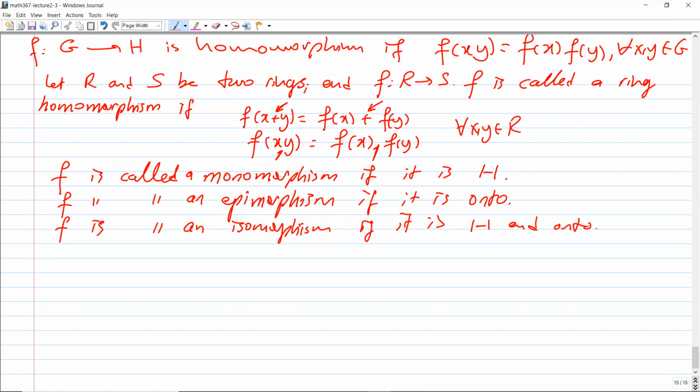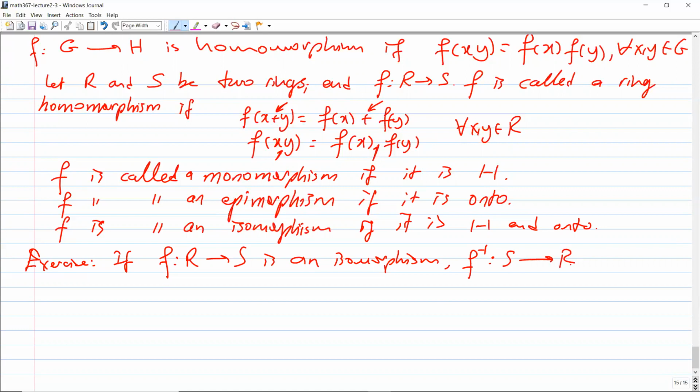So in this case, if f is an isomorphism, here's an exercise for you. If f from R to S is an isomorphism, so that it is one-to-one and onto, then f inverse is a function from S to R. Since it is one-to-one and onto, it has an inverse.